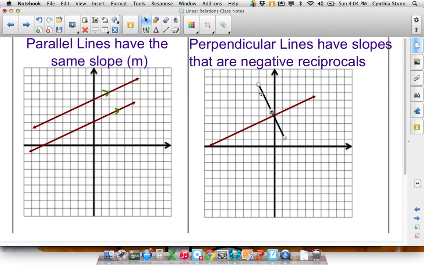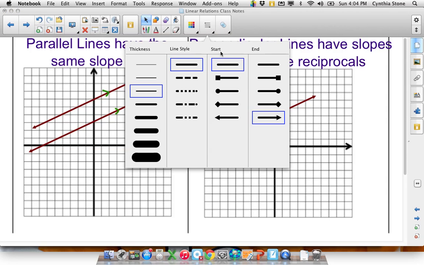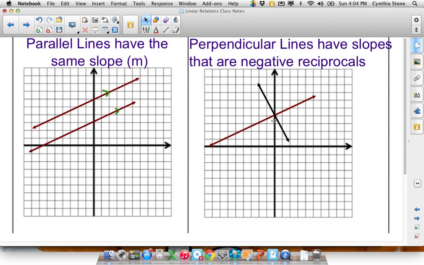Which is not quite right there. It's close though. Down 2 over 1. That would be my perpendicular slope. And what that is, if this is up 1 over 2, this one's down 2 over 1. And that's the negative reciprocal. And I'll explain that in words in the next slide.